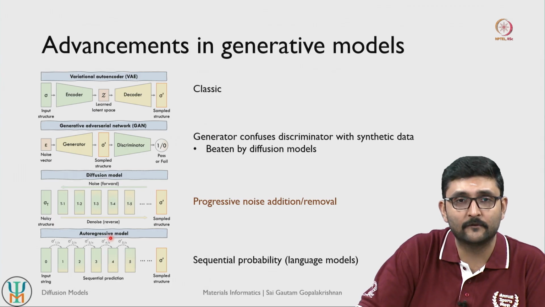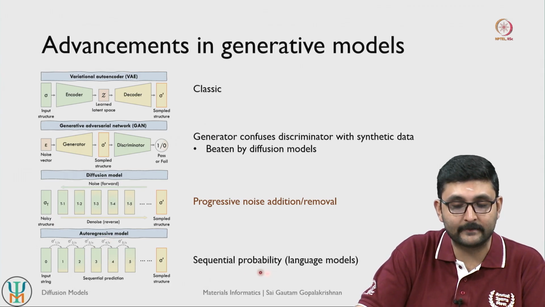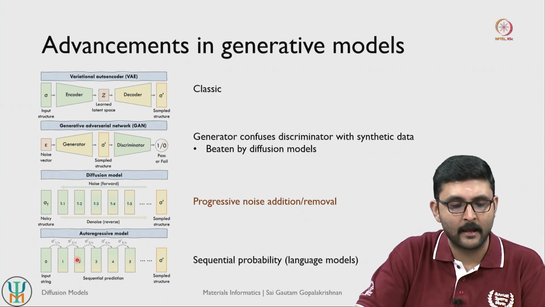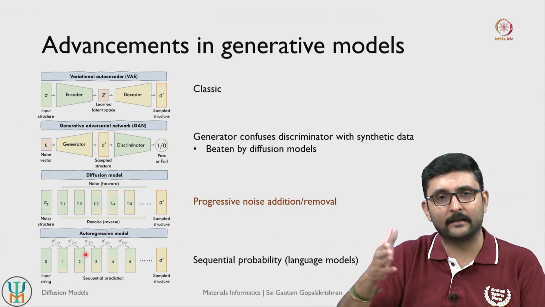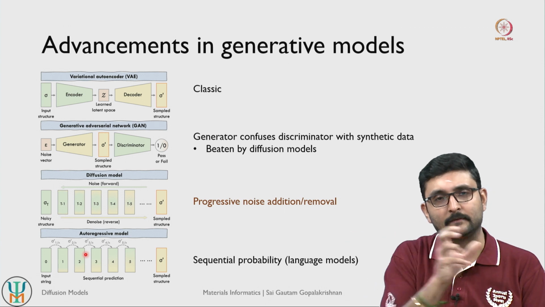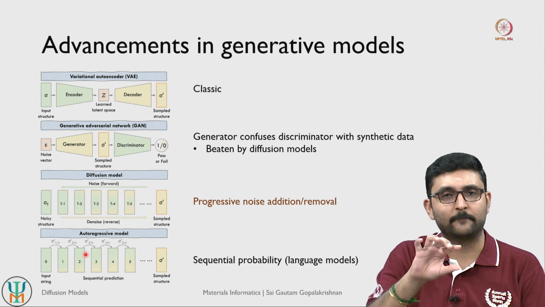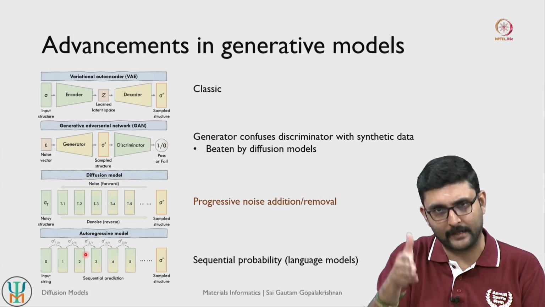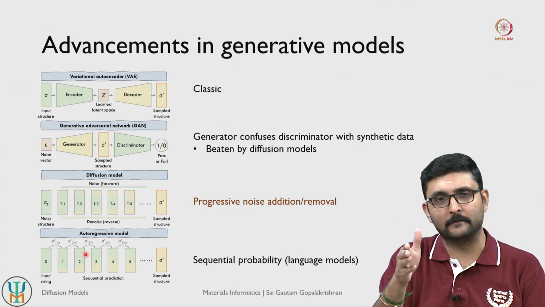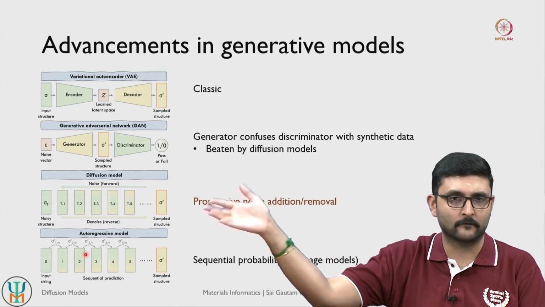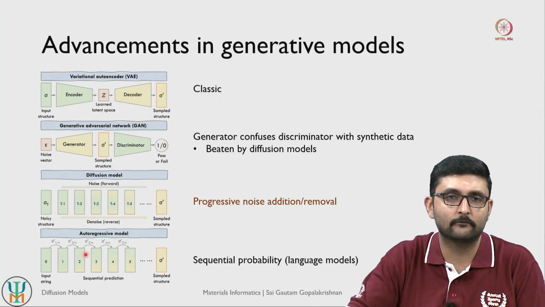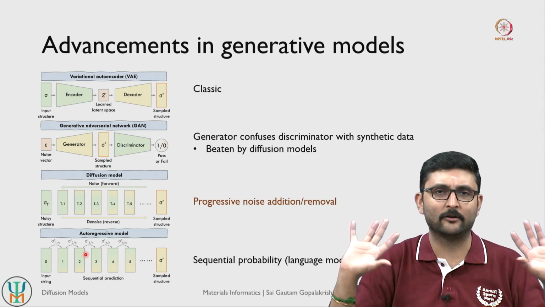And then there are also autoregressive models that are used for generation, and these are very popular along with language models. Basically, they try to predict in sequence, right. So if you have a sentence and the sentence is partially completed, then the autoregressive model tries to predict the next word, and once that word is completed, it tries to predict the next word, and so on. So it makes a sequential prediction of words that would fit into a coherent sentence given some larger target.